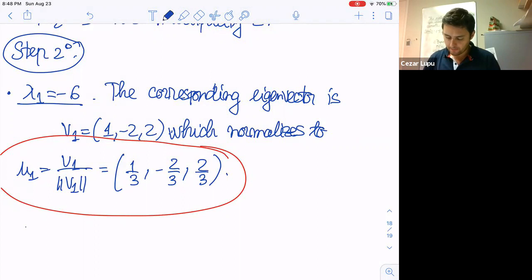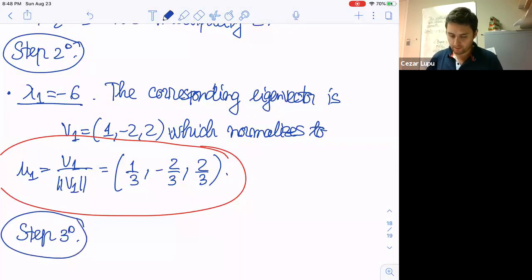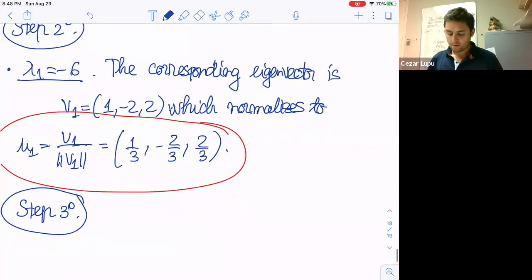And now step 3, where we will apply the Gram-Schmidt procedure.